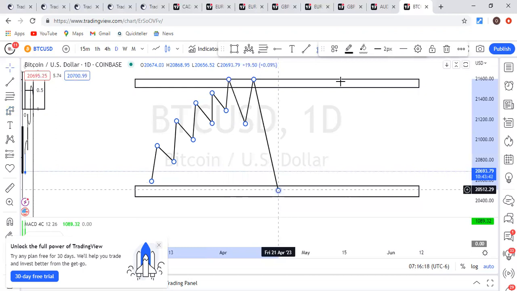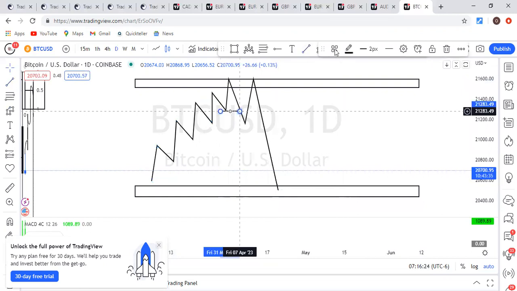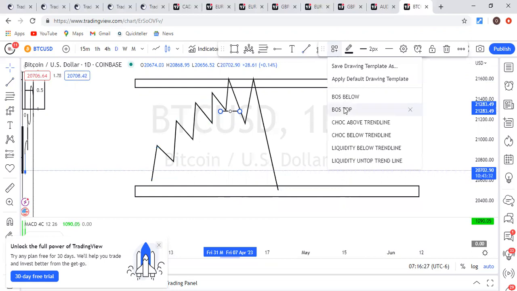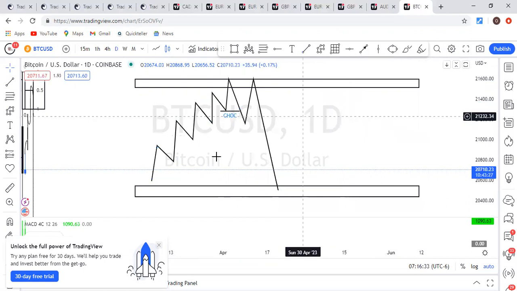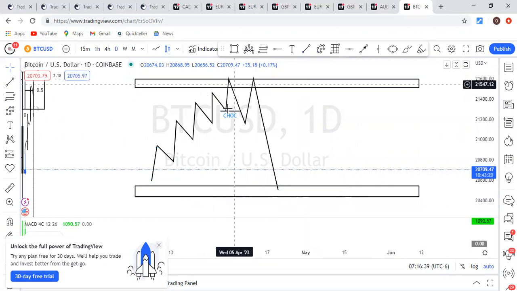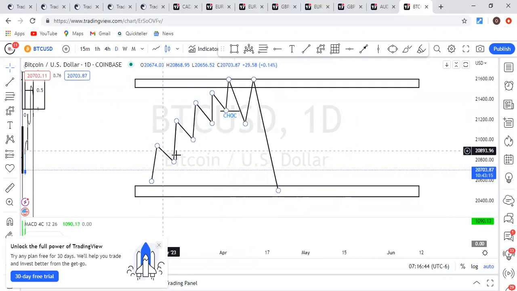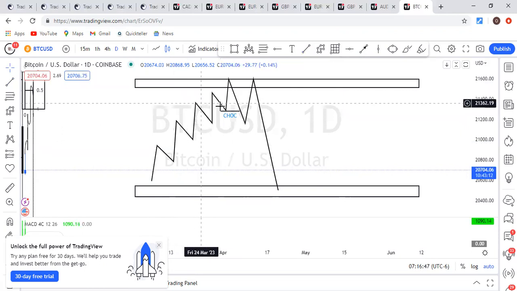This is what you want to have. Let's call it a change of character. So we want to see a change of character. What simply happened here is supply has gained command of the market, because price has been putting higher high, higher low, higher high, higher low.